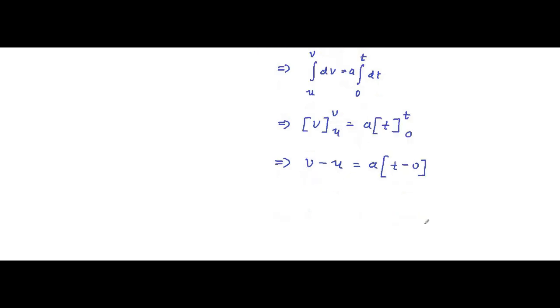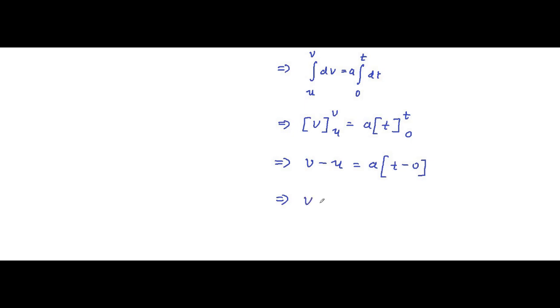So when we put the upper and lower limit values, it becomes v minus u is equal to a into t minus 0. I am assuming that you are familiar with the concepts of definite integration.